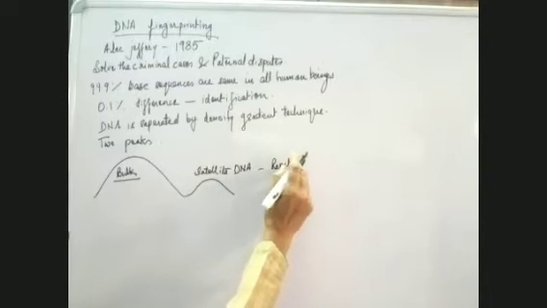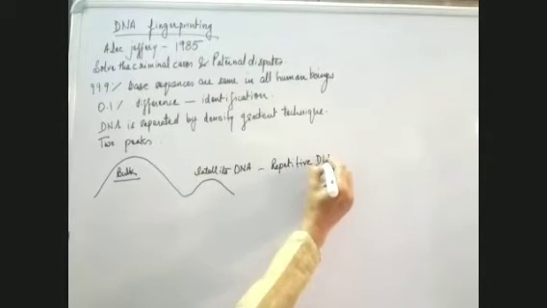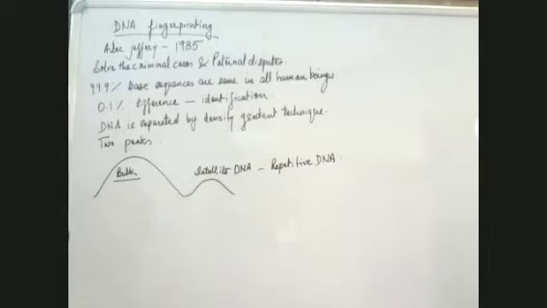That means certain base sequences in this DNA are repeated a fixed number of times in different individuals.